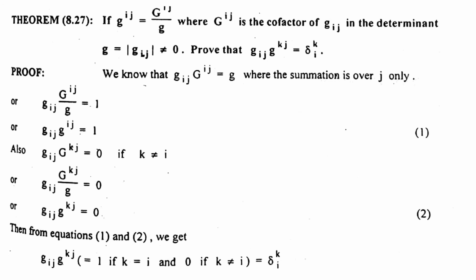This term is equal to 0 on the right side. Now equating equation 1 and 2, g^ij g_kj is equal to 1 if k is equal to i, and it is equal to 0 if k is not equal to i. So this result becomes equal to delta_ki, which we had to prove.